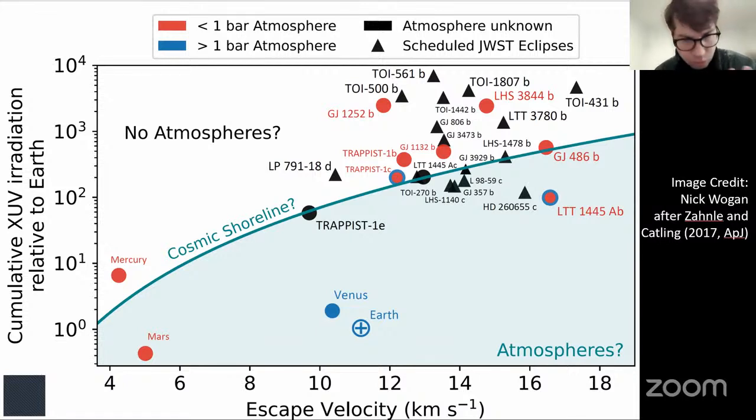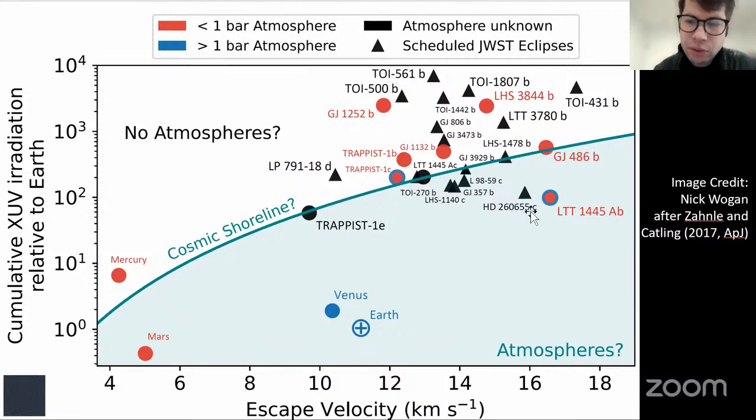And there are different forms of it based on different underlying physics for atmospheric escape, but this is plotted in terms of the cumulative XUV received by these objects, with the assumption that that is potentially driving a lot of hydrodynamic escape. And then on the x-axis here, we have the escape velocity of those objects.